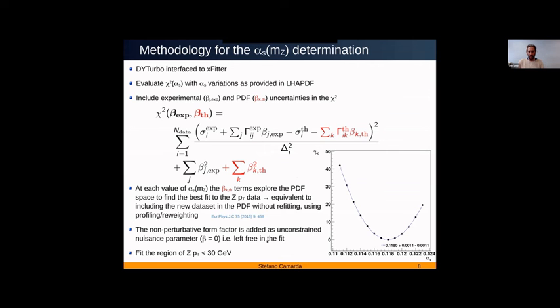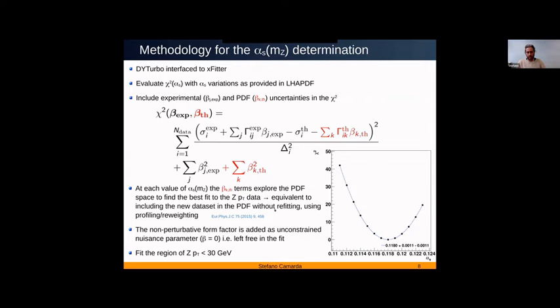Concerning the methodology for the alpha S and Z determination, I've used xFitter, so I interfaced this DYTurbo calculation to xFitter. The alpha S variations are provided in LHAPDF, and the PDF uncertainties are included in the chi-square with the standard xFitter formalism with these beta terms. That means basically that at each value of alpha S, we are profiling the PDF, so this is the usual inclusion of additional data without refitting.